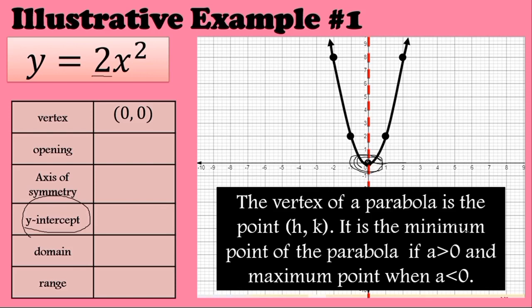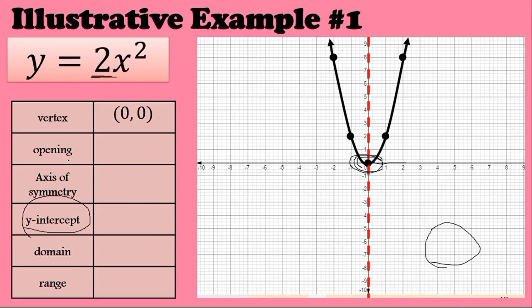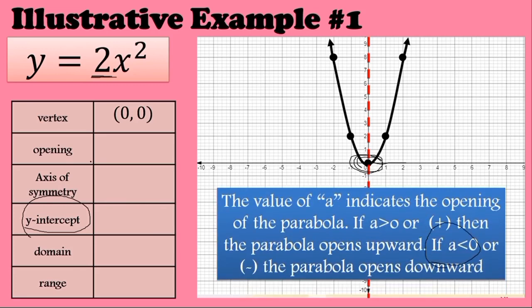Since this is the lowest point of the parabola, the minimum point gives the vertex when a is greater than 0. Since a is positive 2, the vertex is found at the lowest part of the parabola. And obviously, the opening of the parabola depends also on the value of a.